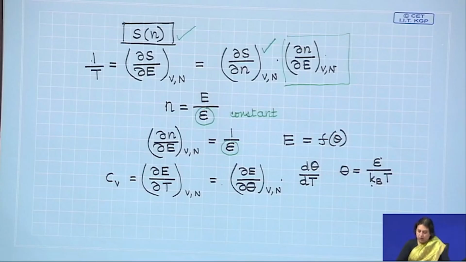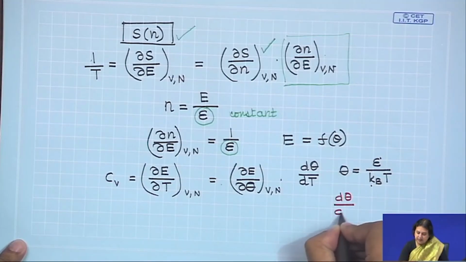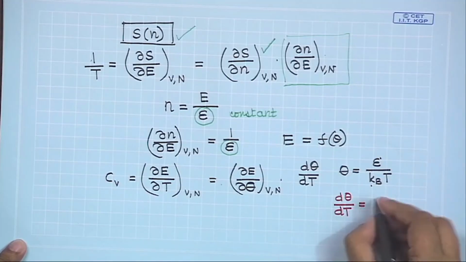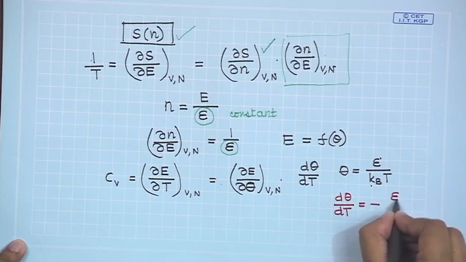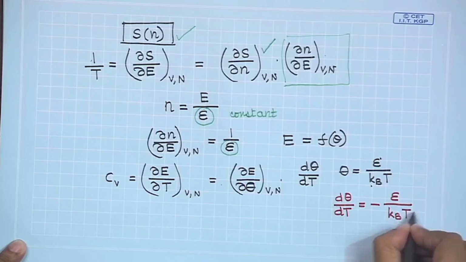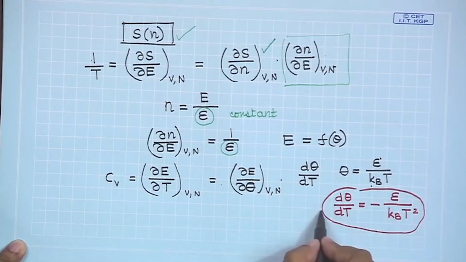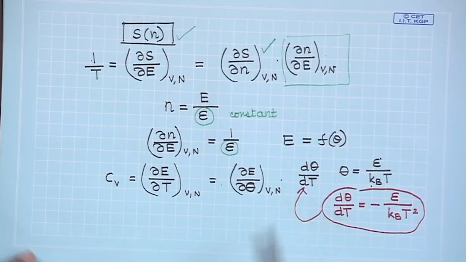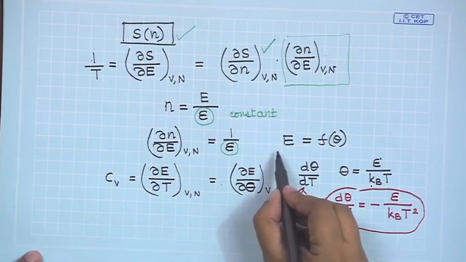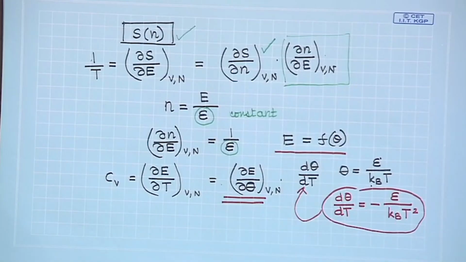So, now all you need to do is find out what d theta dt is. So, what is d theta dt? D theta dt is now going to be given by minus epsilon by kB T square. I can use this expression, put it back in here, and since I know E as a function of theta, I can find out this particular derivative.